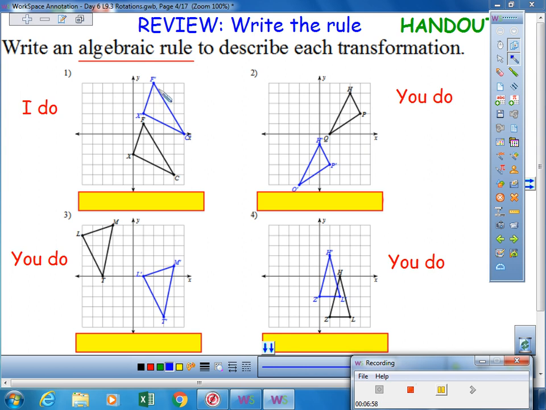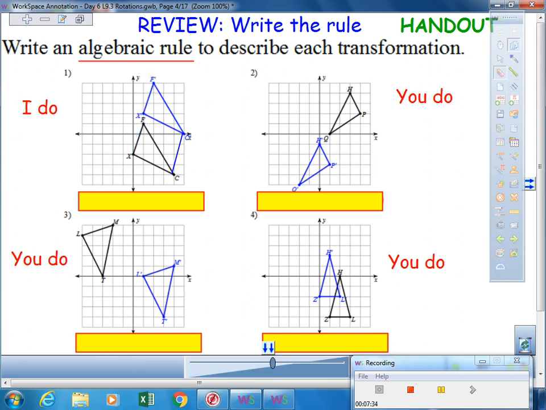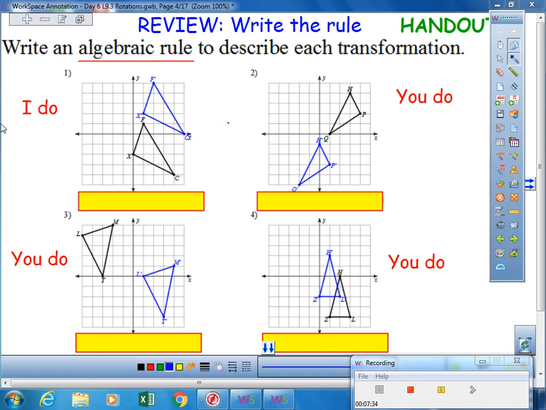FCX, FCX. Okay, they're in the same order, so that rules out reflection. Now, can I draw lines that are going to be parallel? This one's a little bit hard to tell. So they are parallel. It's kind of hard to tell because these lines are very close. They are parallel. So you would say it's a translation.